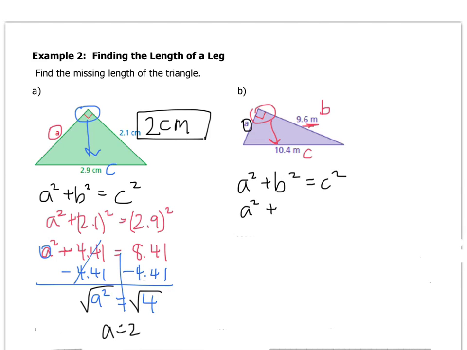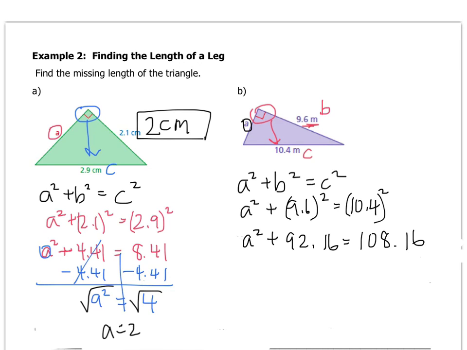So let's do 9.6 squared equals 10.4 squared. Grab your calculator, and we have to do 9.6 squared, 92.16, and 10.4 squared is 108.16.